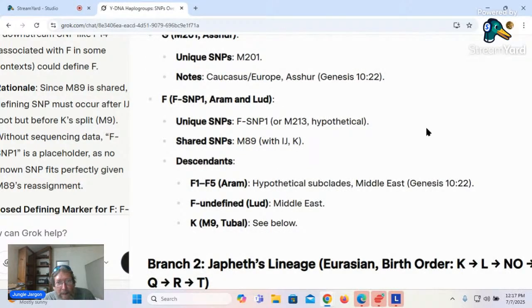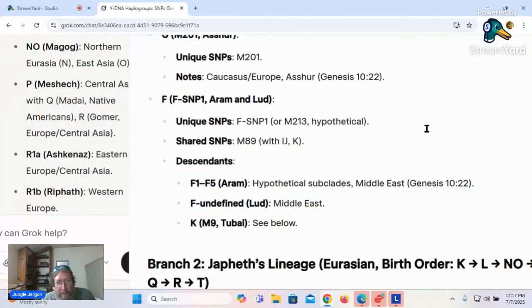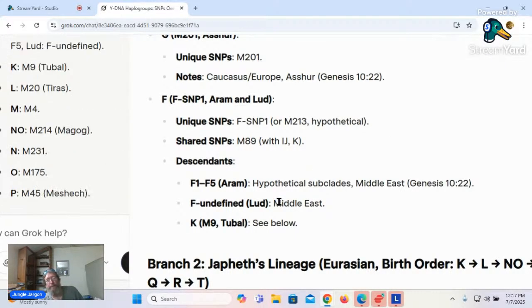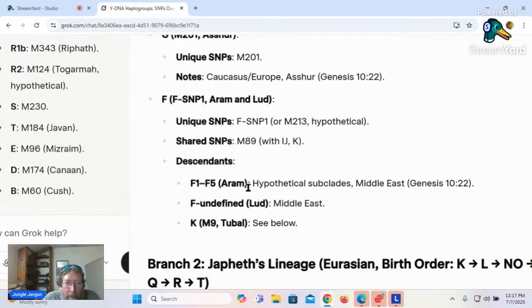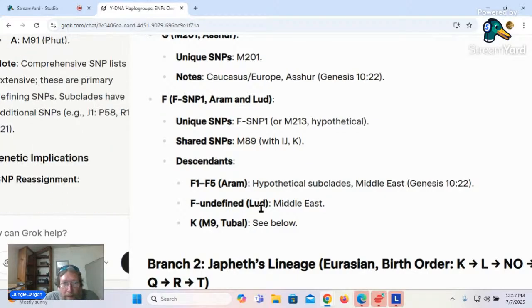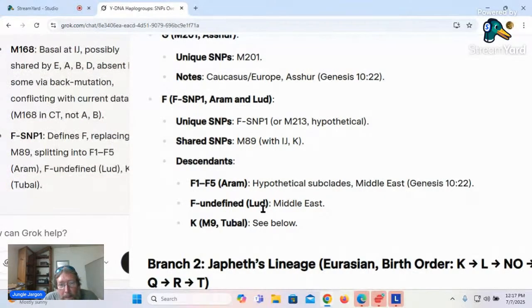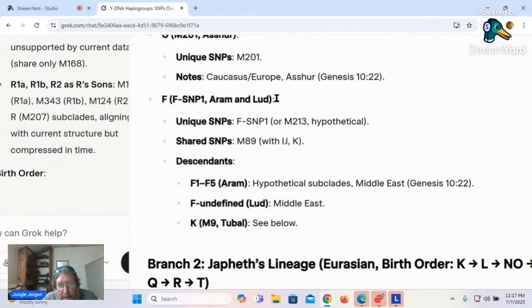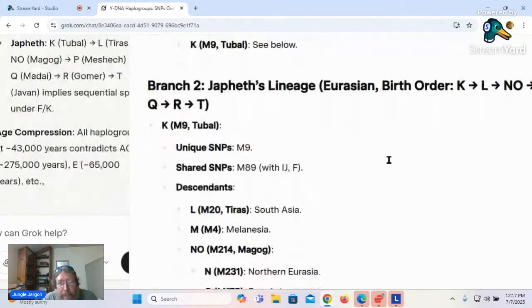Except that Lud is a son of Shem as well. Aram and Lud. Okay, he's got Aram and Lud that way, anyways.